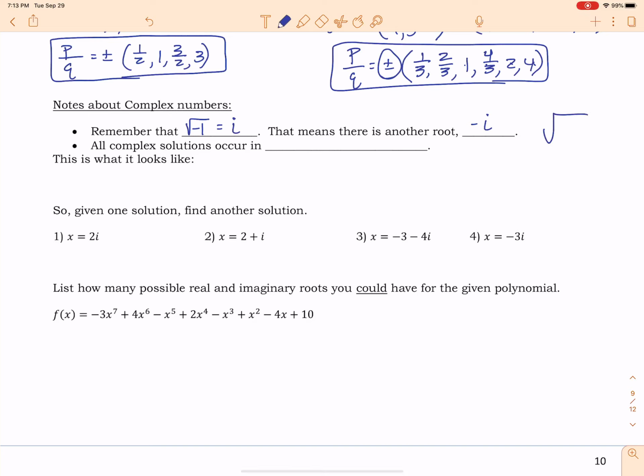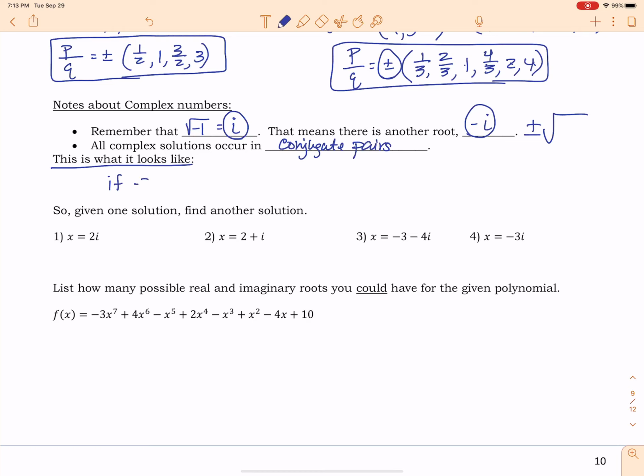If I take the square root, I'm taking plus or minus. So anytime I'm taking the square root of a negative, I'm going to have a positive i and a negative i. All complex solutions occur in conjugate pairs. That's what these are called. Okay? Conjugate pairs.